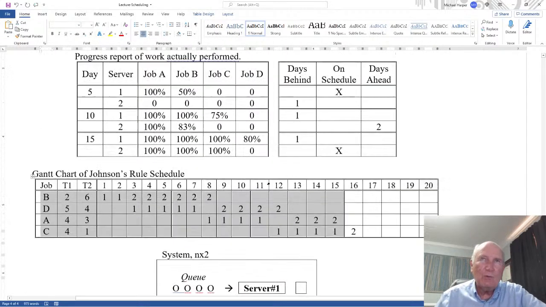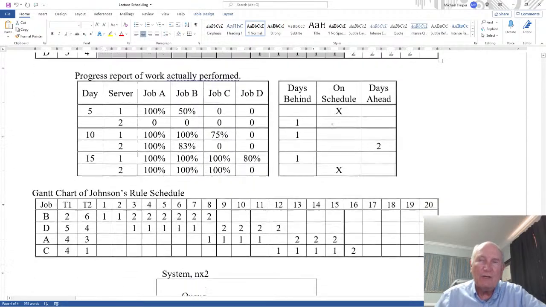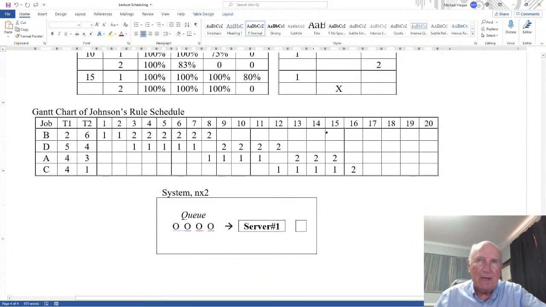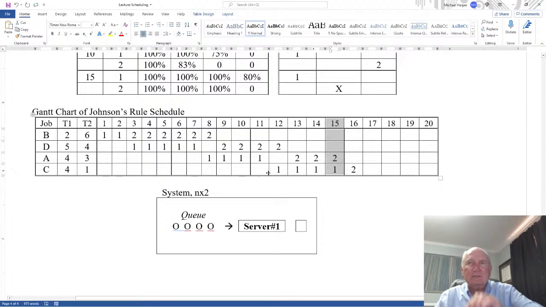It doesn't matter what schedule you have here. The processing time through the first server will always be the same amount of time. It doesn't matter what order you put these in, it's always going to be 15. It's always going to be the same time when the first server is done.